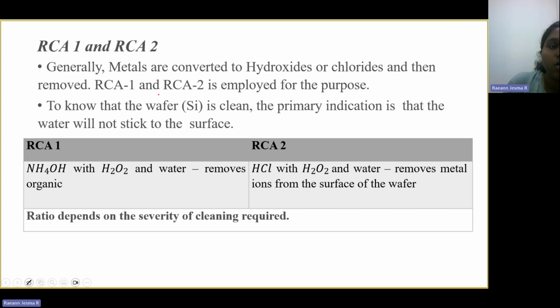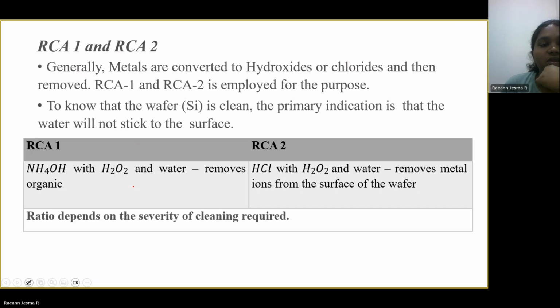In RCA1, we use ammonium hydroxide with H2O2 and water. This solution is heated and the wafer is dipped for some time. Any metal or organic material present in the sample will get removed.